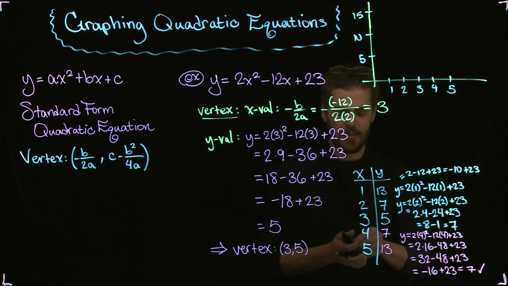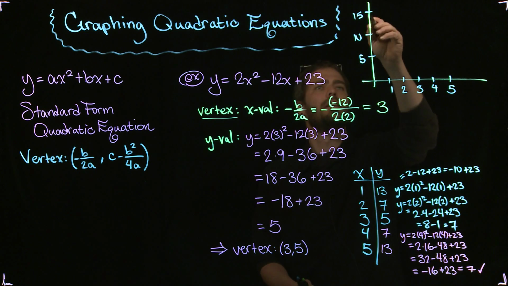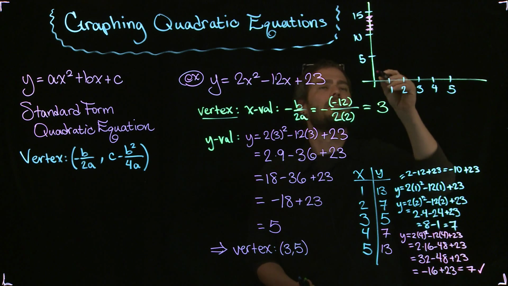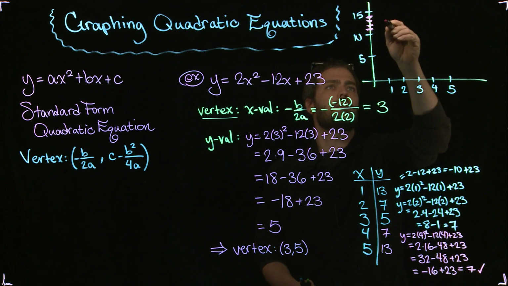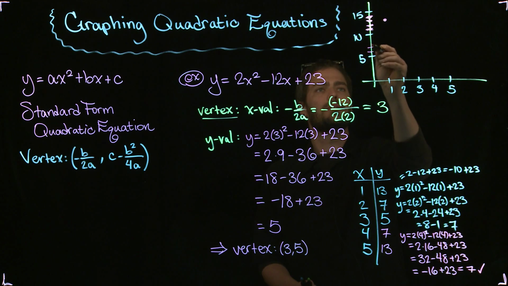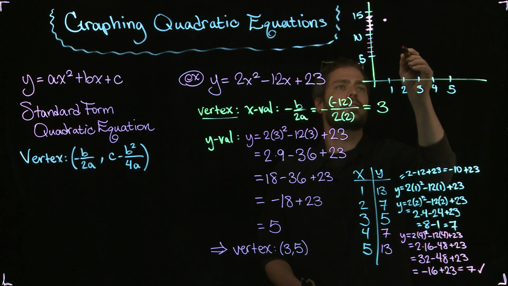In this case, we are doing equal steps of 5 for the y-axis and equal steps of 1 for the x-axis. So if x is 1, y is 13, so 13 is about here. And (2, 7), about there.